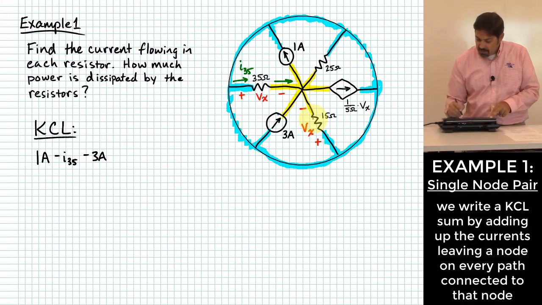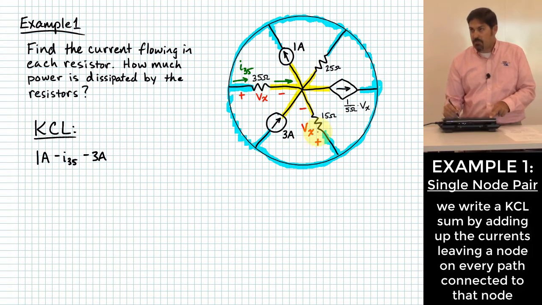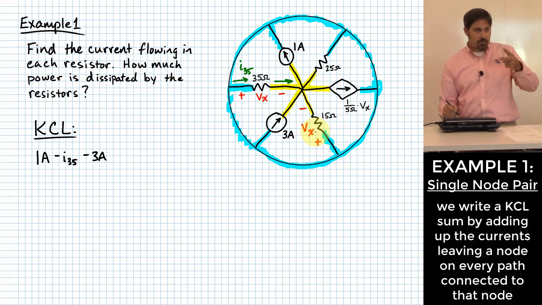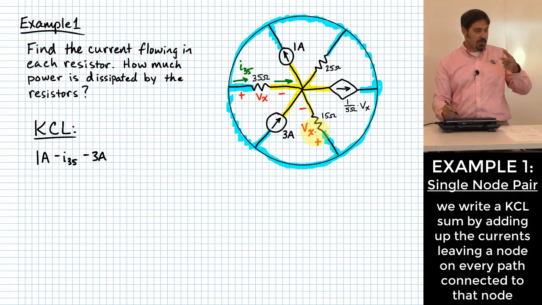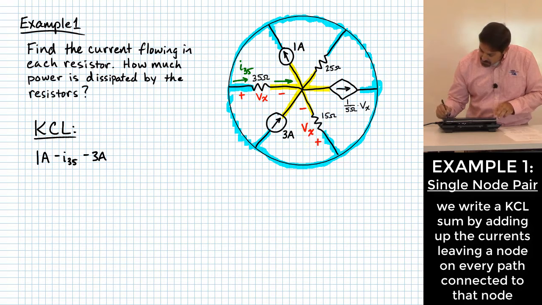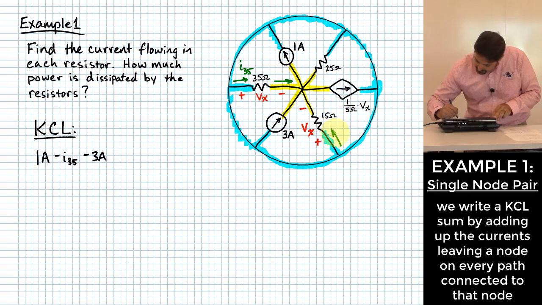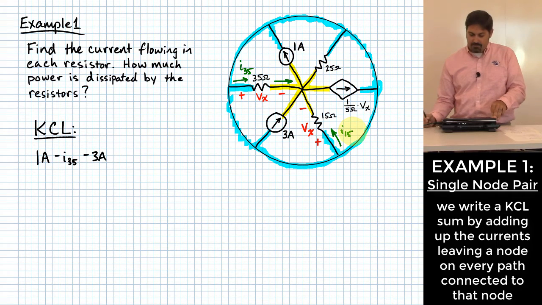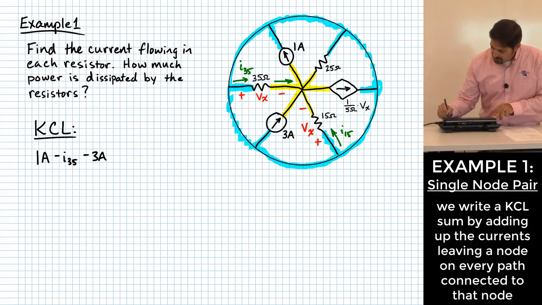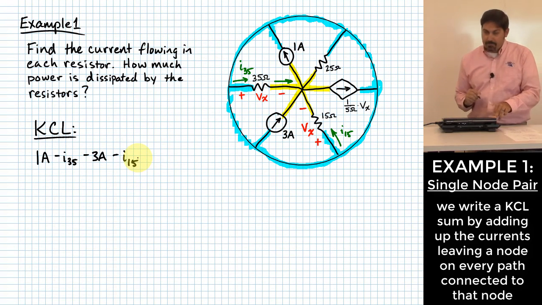If this one's at Vx, they go across the same two nodes, so those two nodes had better be at the same voltage relative to each other. So if that's the case, I should be able to identify a current going this way that is I-15, and I should be able to take minus I-15 in my sum.